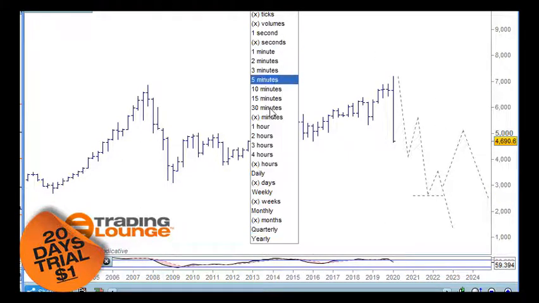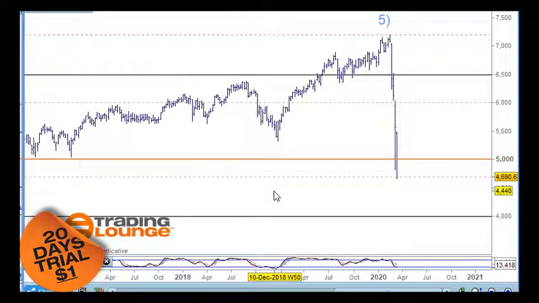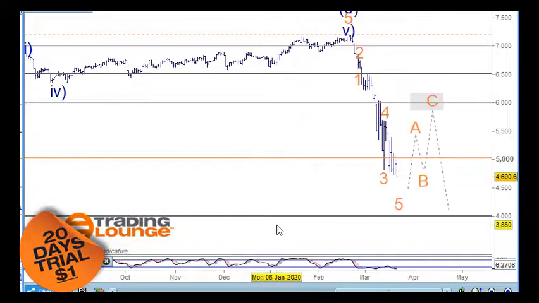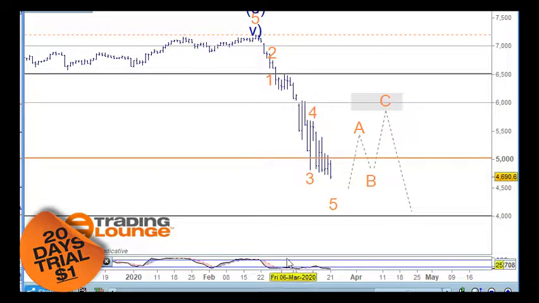So the only way we can really handle this is just to stay with each wave count. So we know that in one way or another we're looking at 5 waves down so far.